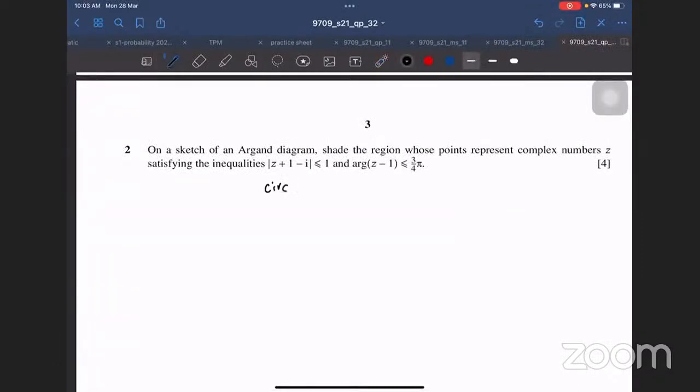This is a circle, center minus 1 plus i, radius 1. This is a half line. Starting point is 1. Angle is 135 degrees.